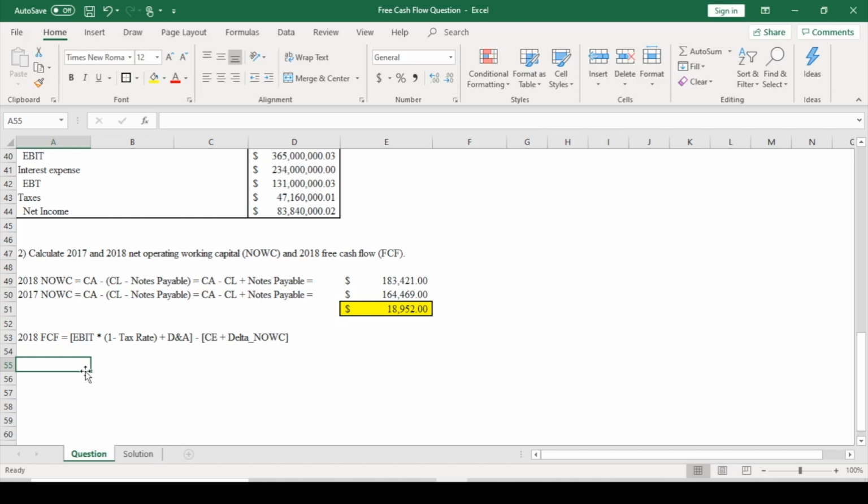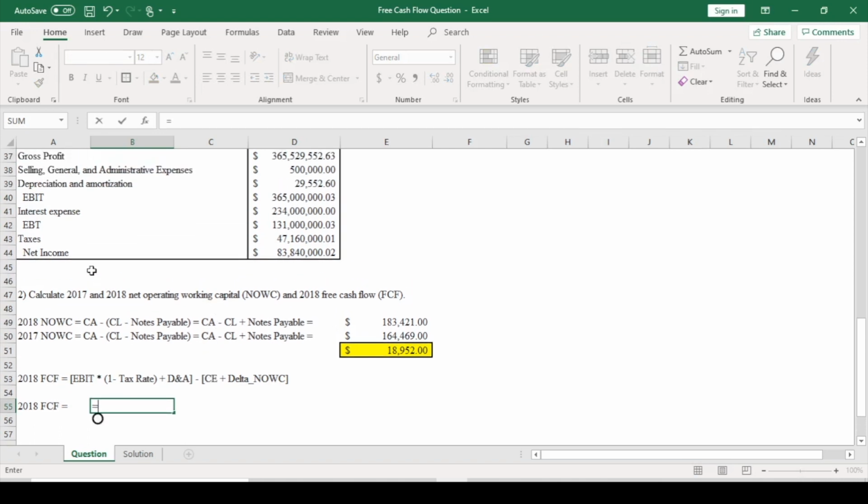Now let's calculate the first part. I'm going to write this down. FCF equals, I'm going to start with EBIT multiplied by 1 minus tax rate, and then plus depreciation and amortization. I'm going to start with this part first. So let's go back to the income statement.